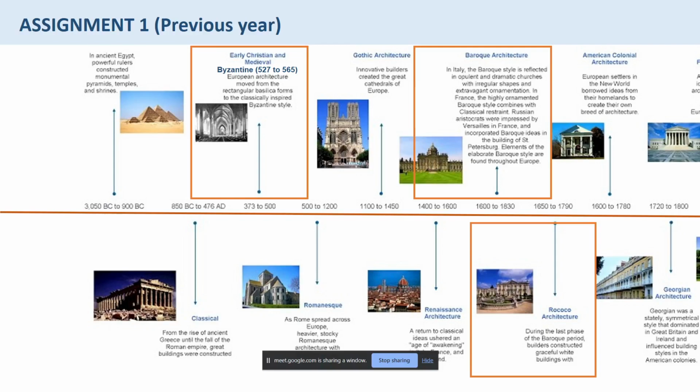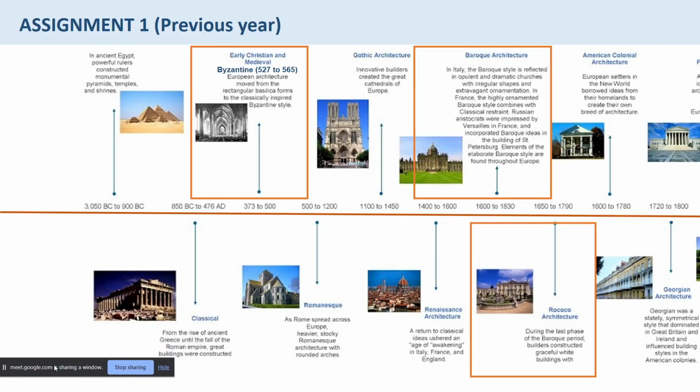So then came Romanesque. As Romans spread across Europe, Romanesque architecture with rounded arches spread all over Europe. Then we went to Gothic architecture, and in Gothic architecture a lot of cathedrals were built all over Europe, and Gothic architecture is characterized by pointed arches, flying buttress, and other things like that.